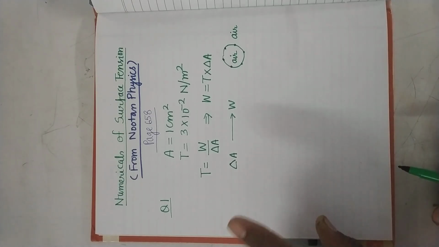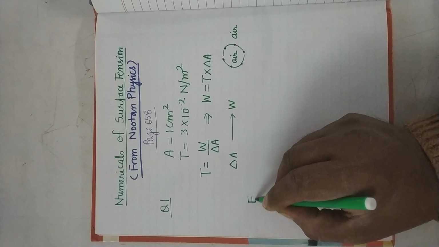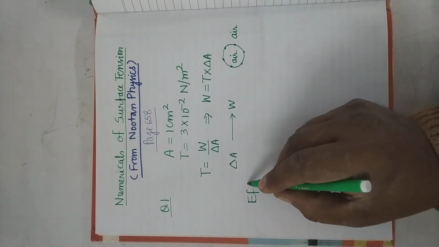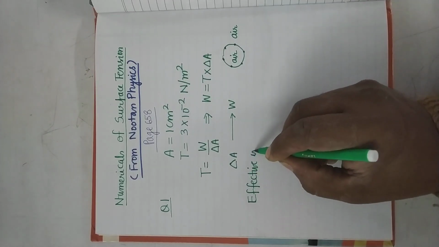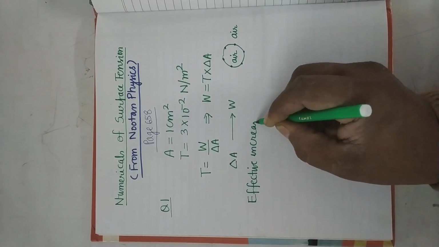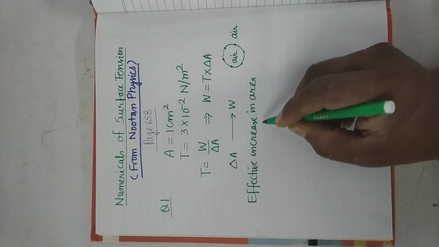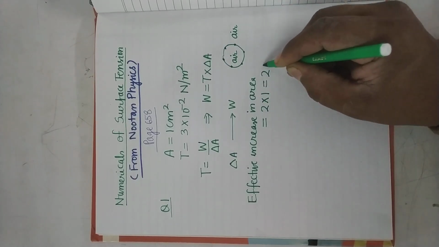Therefore, what will be the effective increase in area? It will be twice of this increase in area, so it will be equal to 2 into 1, that is 2 centimeter square.